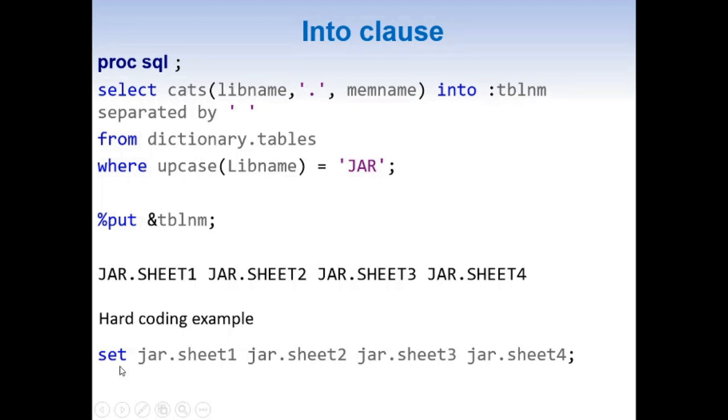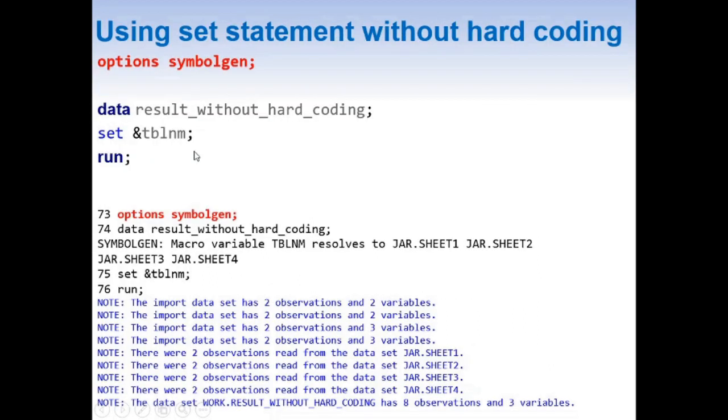In the hard coding example, we had a set statement and mentioned all the 4 sheets and we were able to combine them. Now as both of them are very similar, instead of hard coding values like this, I can straightforwardly use this macro variable in here. In here we are using the macro variable which we created earlier.